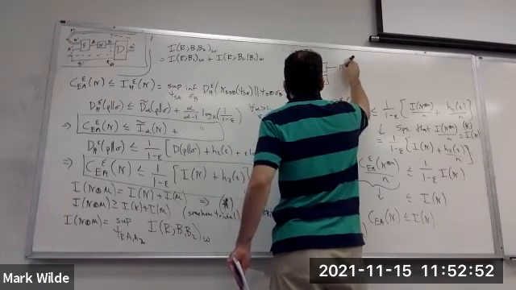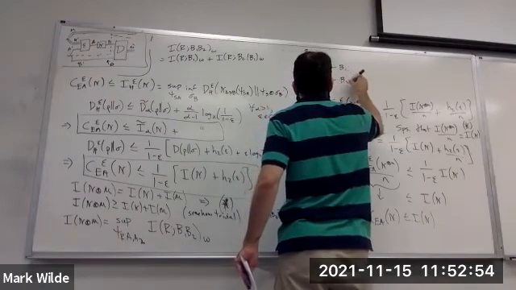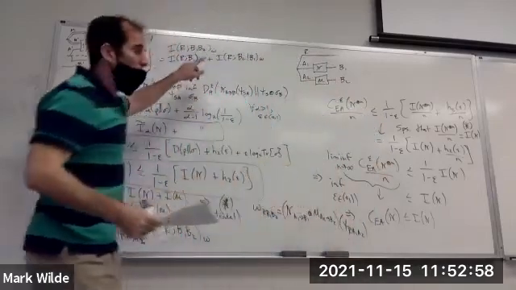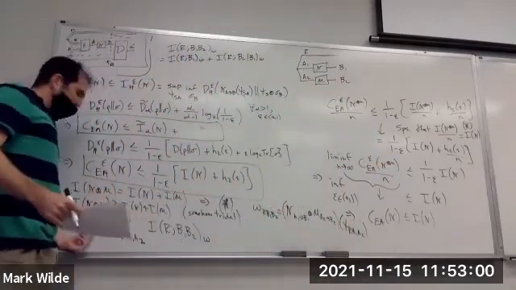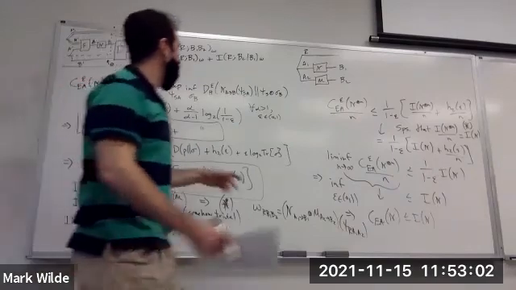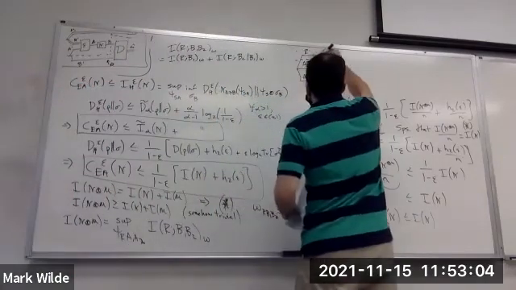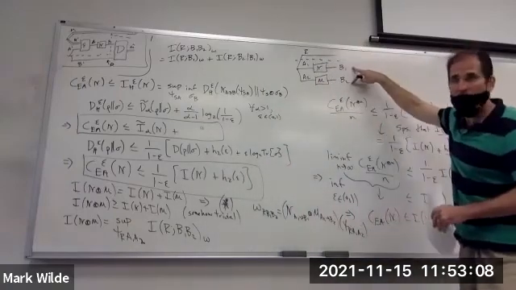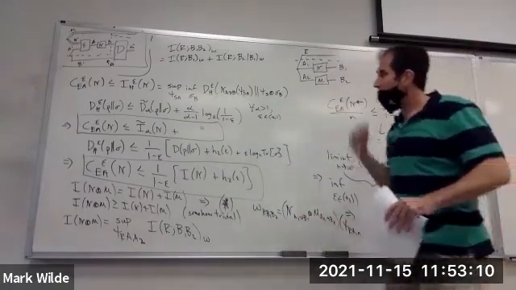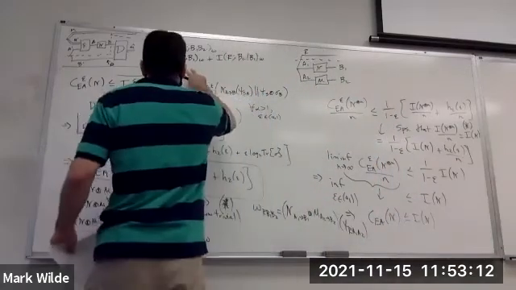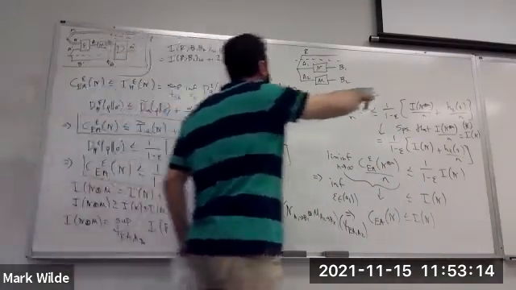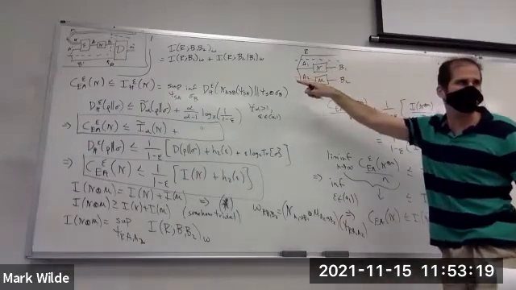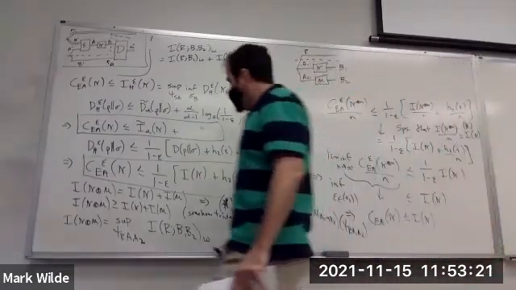This is the kind of diagram we're considering for this additivity question. So, the mutual information of these two channels is mutual information between this reference and these two Bob systems. Now, using the chain rule, this mutual information is equal to this mutual information plus a conditional mutual information.